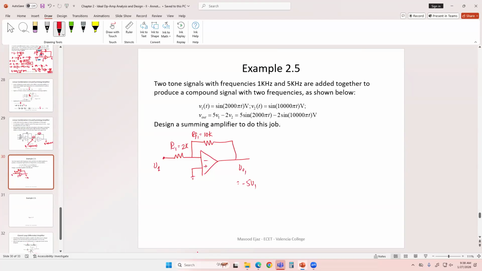So if I have now a summing amplifier, this is my V2.